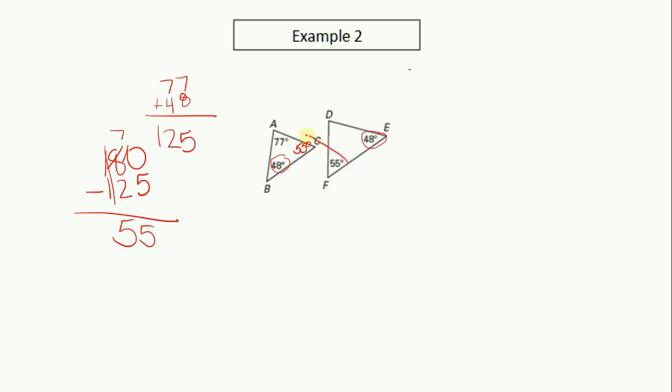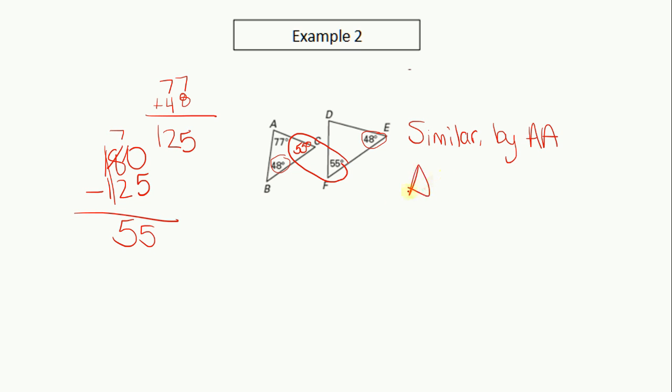Notice, guys, we now have congruent angles there as well. So be very careful. If you're given two angle measures, find the third angle measure using the fact that all angles equal 180 in a triangle. Now, since I have 48 degrees congruent and 55 degrees congruent, I can call these triangles similar based on AA. They are similar by AA.